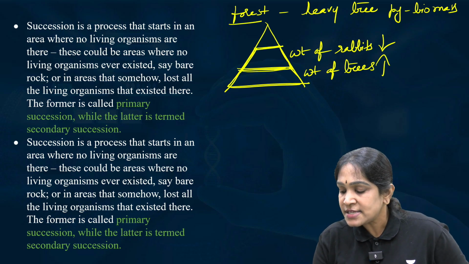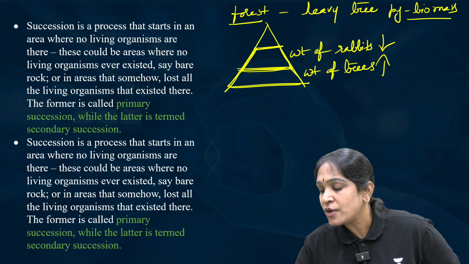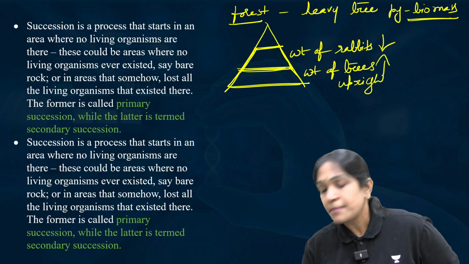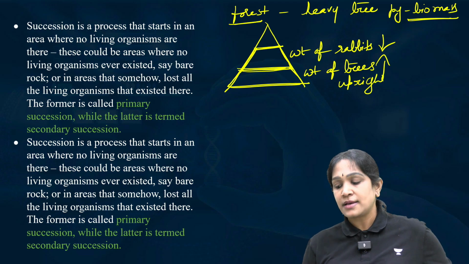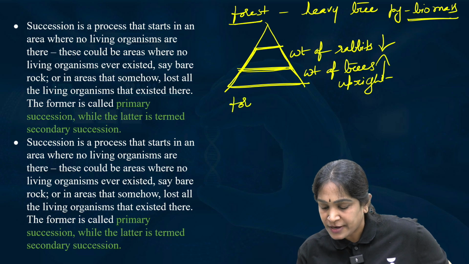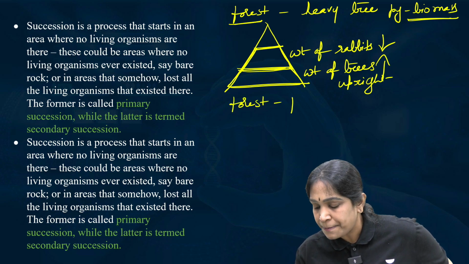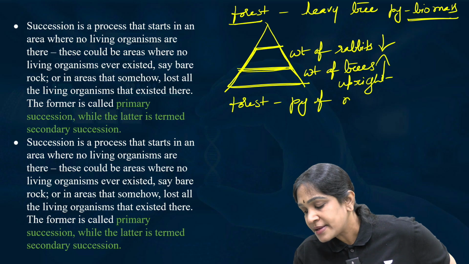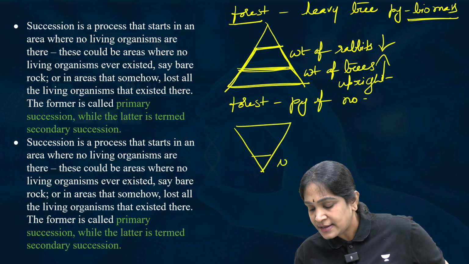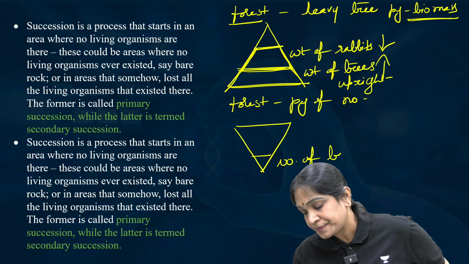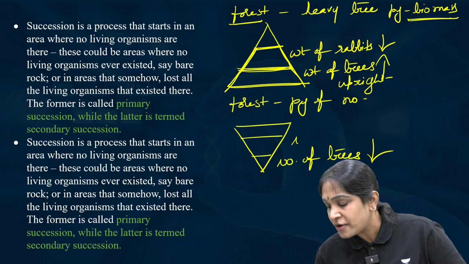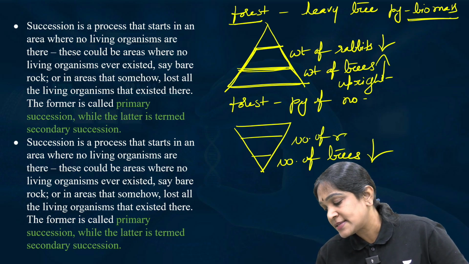So the forest ecosystem of biomass is an upright pyramid, but the same forest, if you take pyramid of numbers, then it will be inverted because the number of trees will be lesser than the number of rabbits.